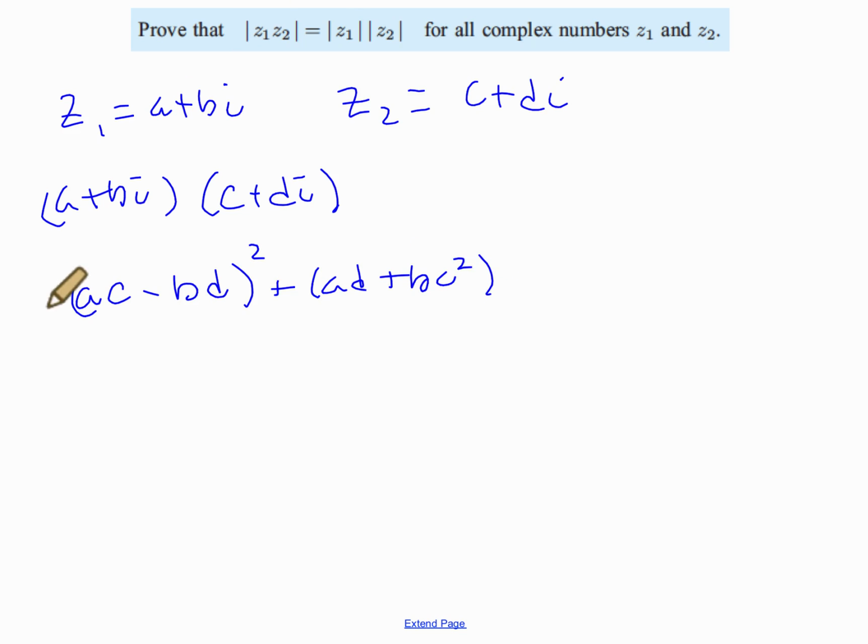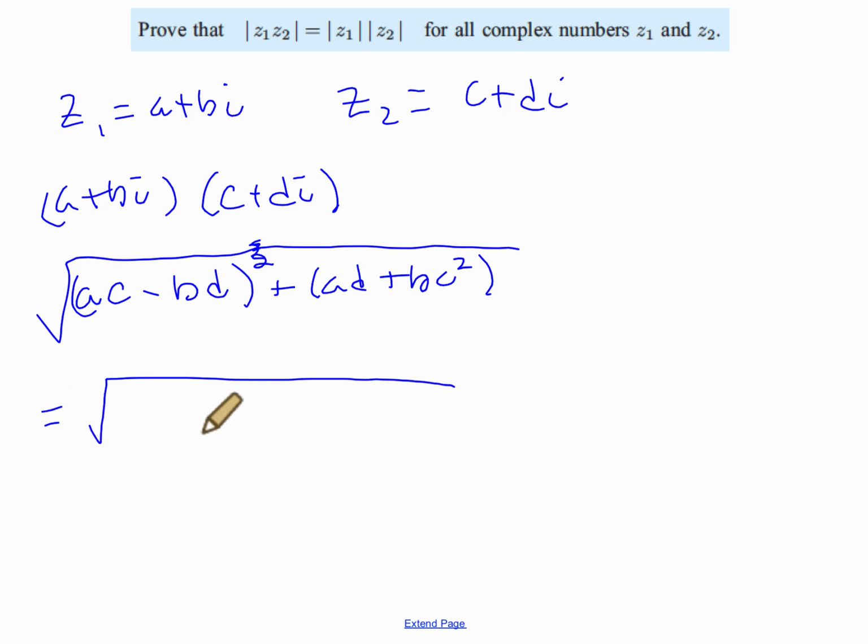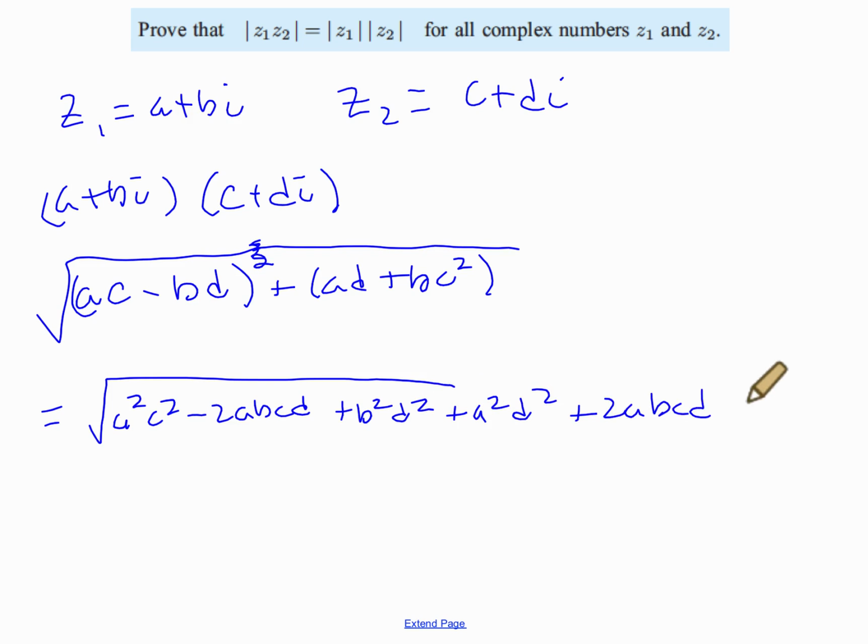Okay, and so the modulus of that is simply the square root. Sorry about that. We'll fix that. And that is equal to the square root of a squared c squared minus 2abcd plus b squared d squared plus a squared d squared plus 2abcd plus b squared c squared.